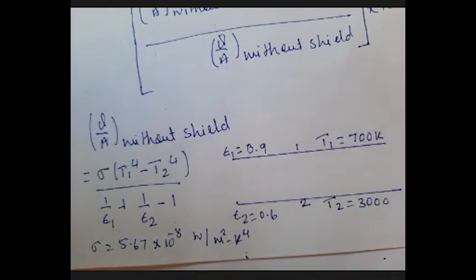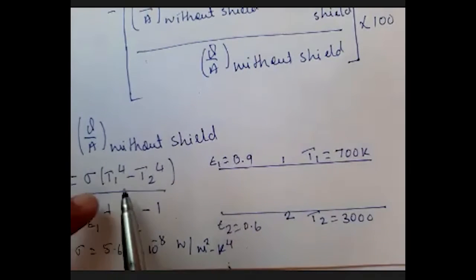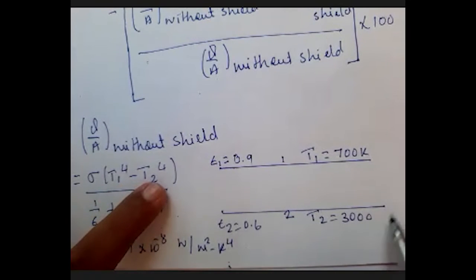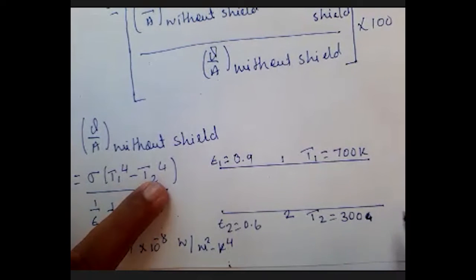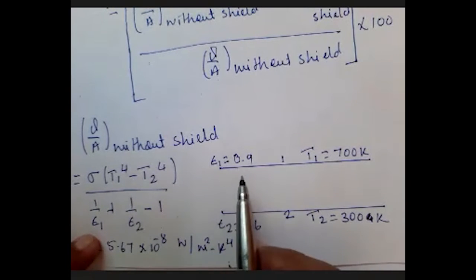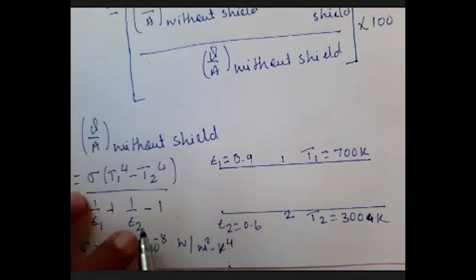Once I know this, I know the T1 value, it is 700 Kelvin. T2 is 300 Kelvin. And epsilon 1 is 0.9 and epsilon 2 is 0.6.